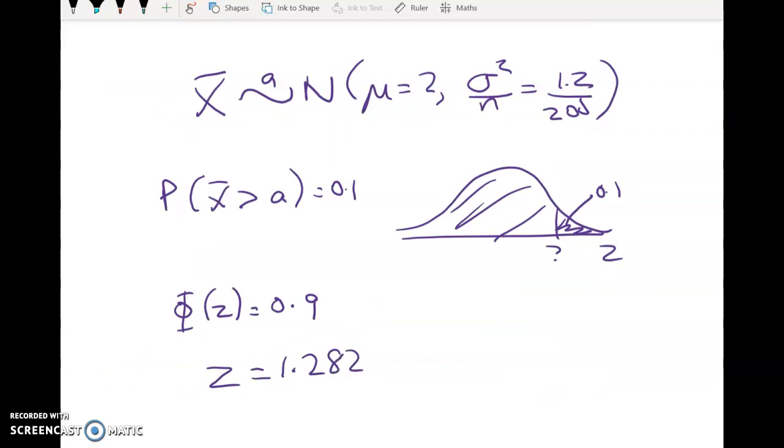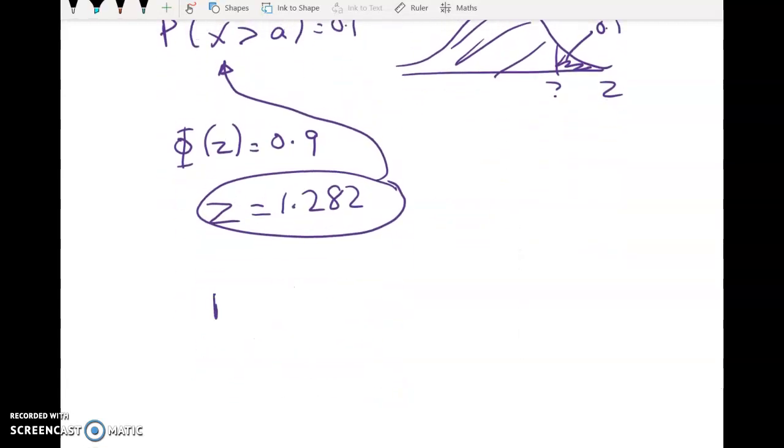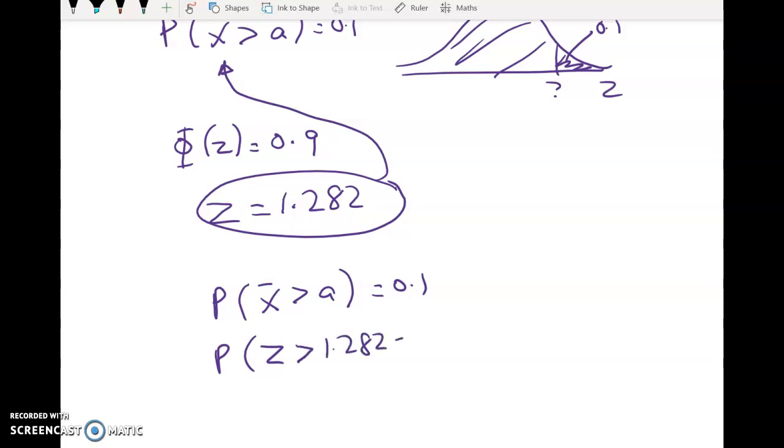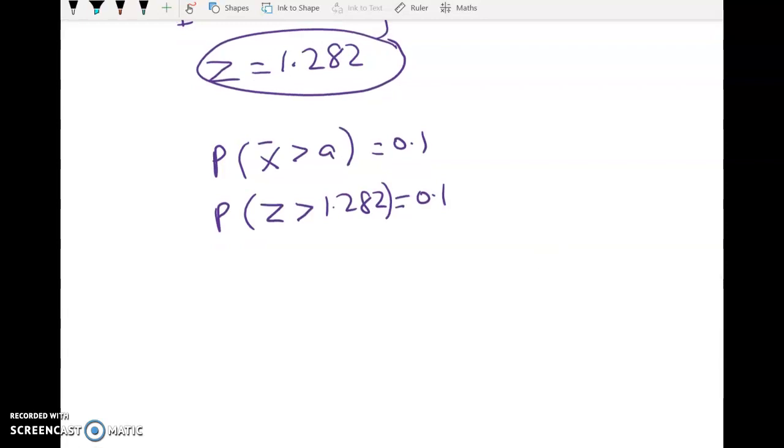So what I have to do is translate that z value back into a value for the sample mean. We've got the probability that x bar is greater than a is equal to 0.1, and the probability that z is greater than 1.282 is equal to 0.1. So what's my standard normal?